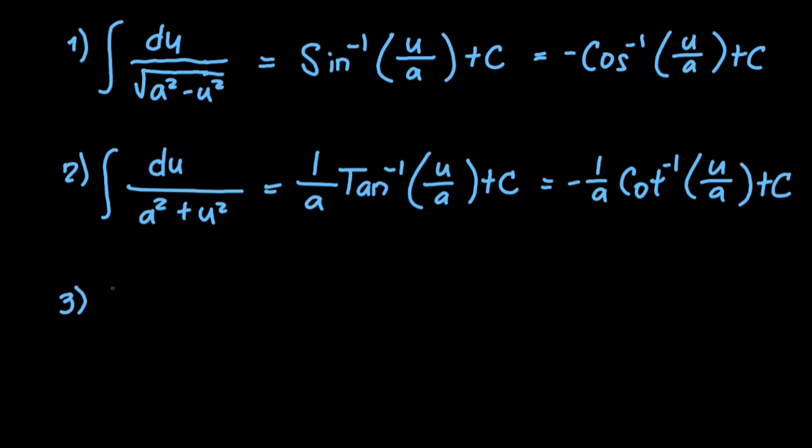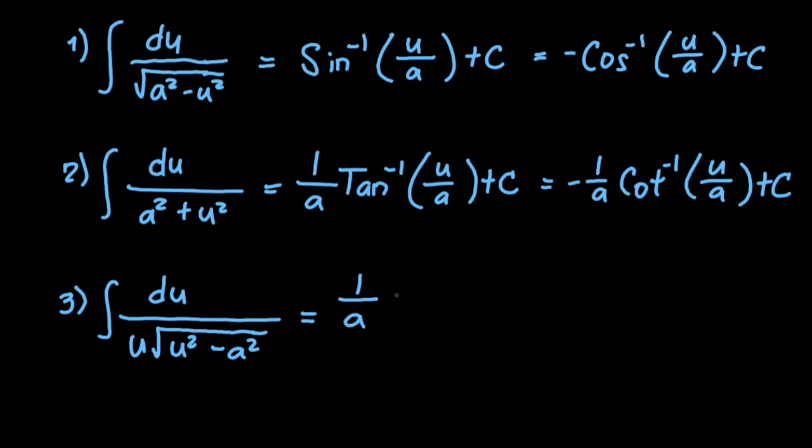The third formula for this would be du over u multiplied by the square root of u squared minus a squared is equal to 1 over a multiplied by secant raised to the power of -1 or arcsecant multiplied by the absolute value of u over a plus c.